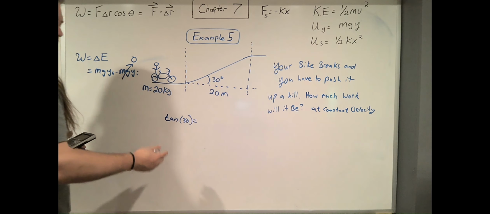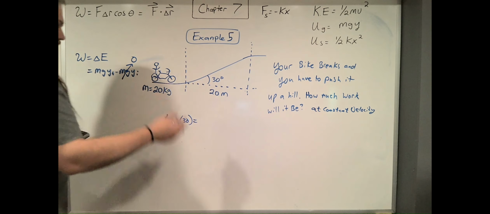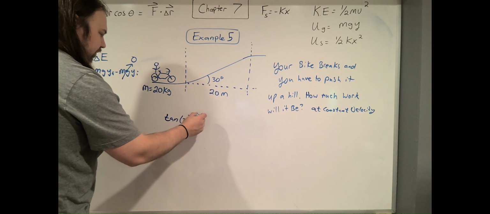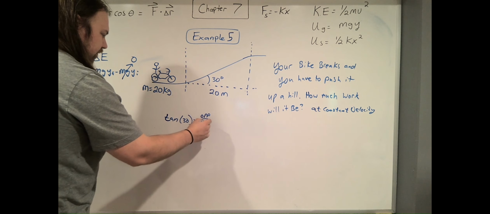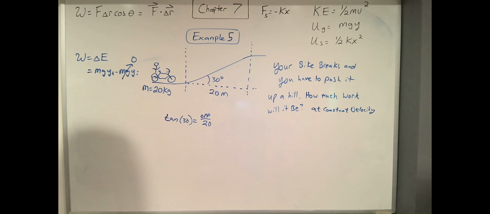Remember, tan of 30, SOHCAHTOA, so OA, opposite over the 20. Okay, so what does that mean? It means I just need to take 20 times the tangent of 30 degrees, and that'll give me 11.55.